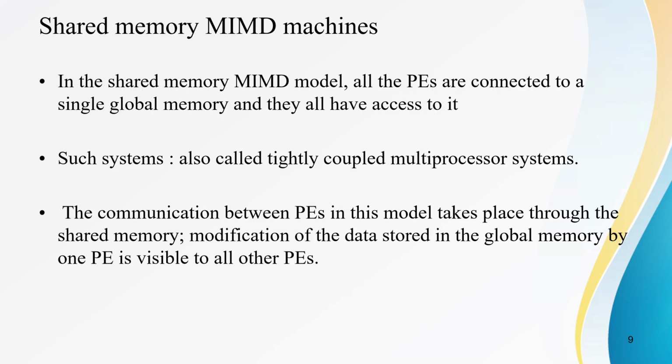Such systems are also called tightly coupled multiprocessor systems. One more important term you can see here is tightly coupled multiprocessor systems. The communication between PEs in this model takes place through the shared memory. Modification of the data stored in the global memory by one PE is visible to all other PEs. So through the shared memory, the communication between the different PEs takes place.